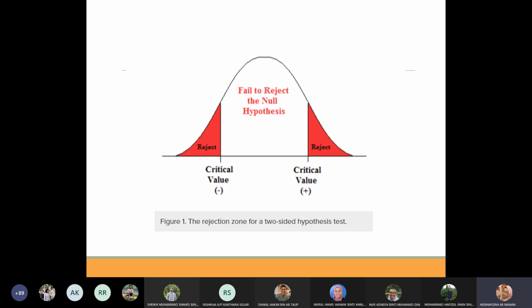If the p-value is more than 0.05, more than 5%, we fail to reject the null hypothesis.